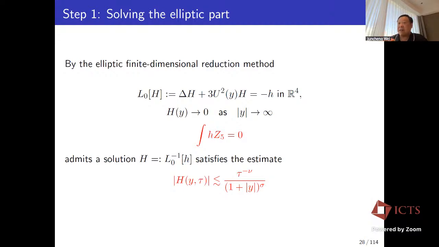For the elliptic problem, as long as the right-hand side decays fast, you can have a solution, called H, which decays in space, y to the sigma, with tau to the minus. Here tau is fixed.